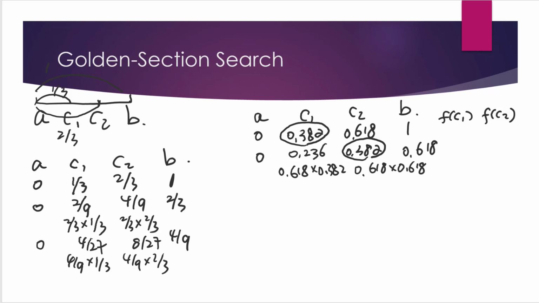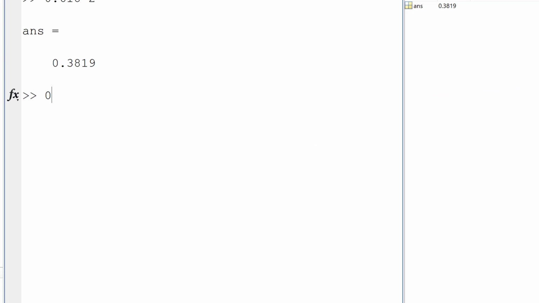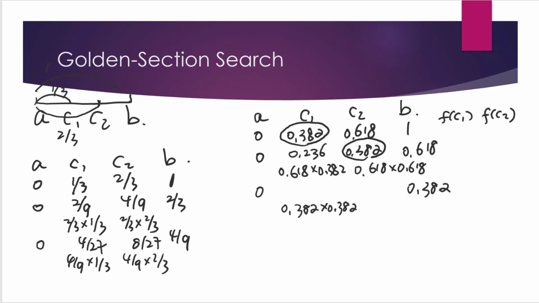For example, we found that the minimum is located from A to C2. Then in the next iteration, we are from 0 to 0.382, right? And then this point, C1, will become the total length, 0.382 times 0.382. So 0.382 squared will be 0.146.